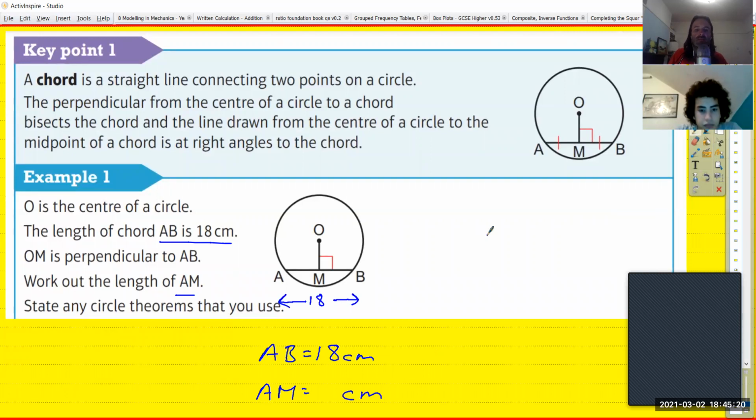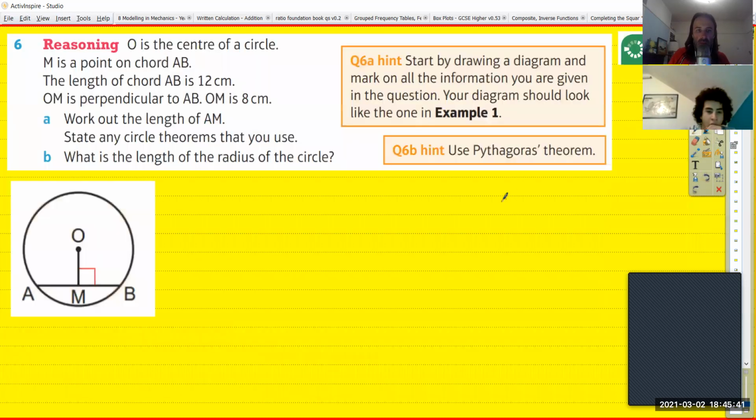Right angle. Oh, right. Yep, 9 centimeters. That's it. So there's to it. Let me just write that down. That is 9. Okay, how about this?